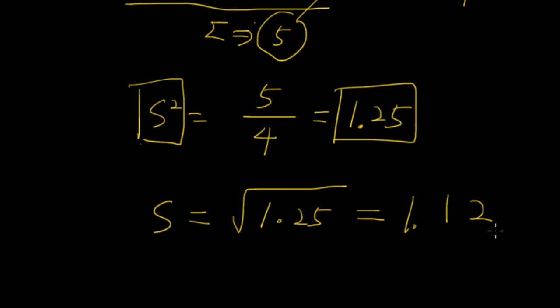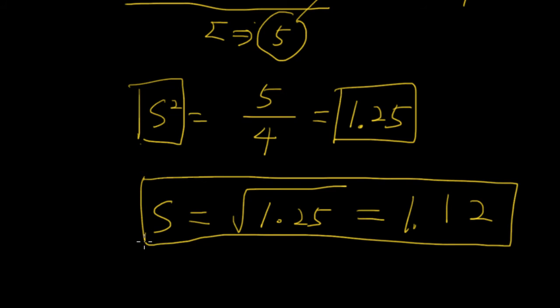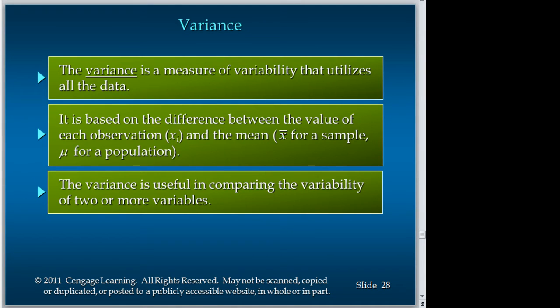So I'm just going to round it up as 1.12. So this is going to be our standard deviation value, right? And this is how you calculate the mean and the standard deviation. Okay, I hope that helps.